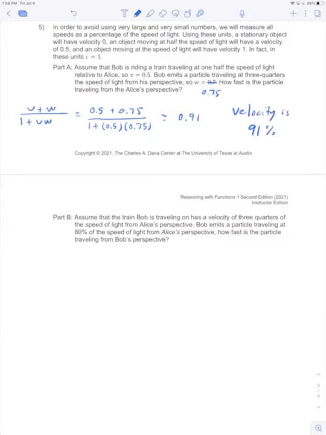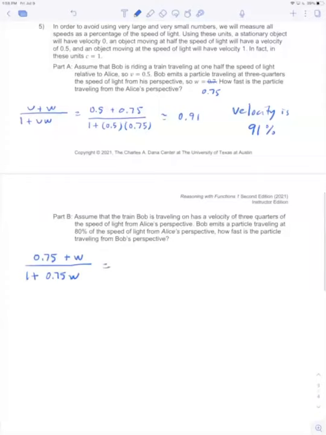Part B, assume that the train Bob is traveling on has a velocity of 3/4 the speed of light from Alice's perspective. Bob emits a particle traveling at 80% the speed of light from Alice's perspective. How fast is the particle traveling from Bob's perspective? Well, the velocity from the perspective of Bob can be found by solving the equation 0.75 plus w over 1 plus 0.75 w equals 0.80.